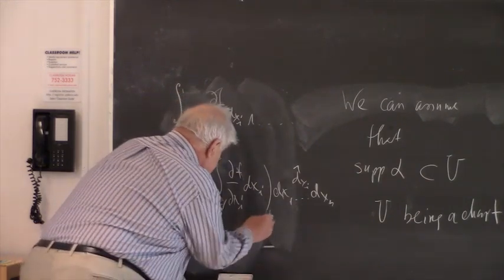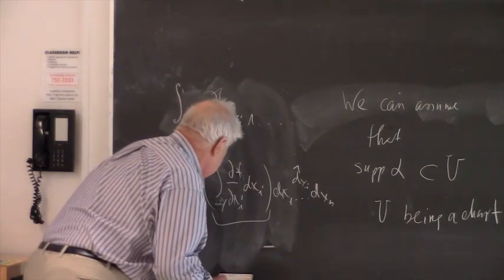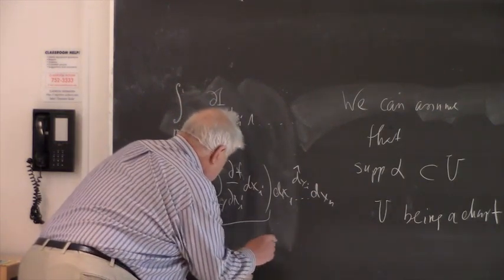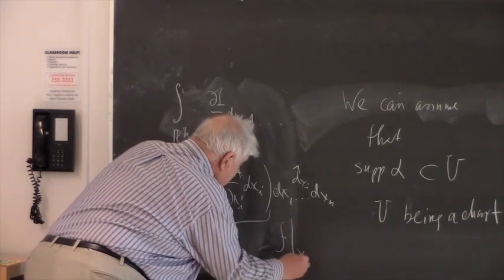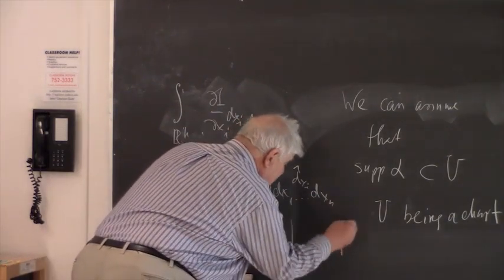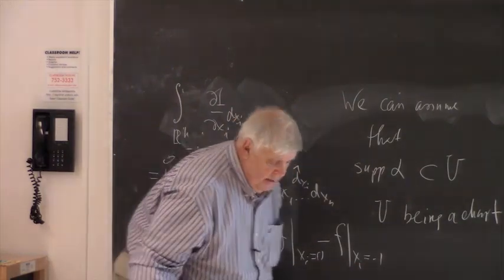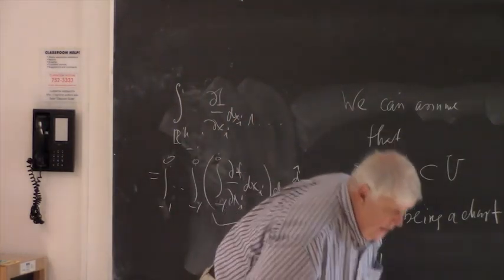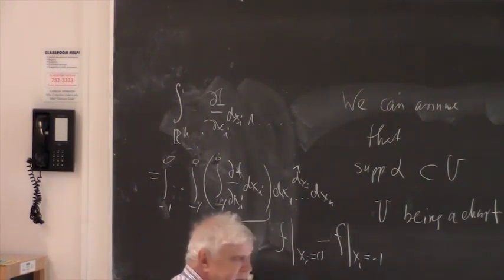Now this integral is well known to us. It is f taken for xi equal to 0 minus f taken for xi equal to 1, right? And if i is not 1, then both are zeros, right?